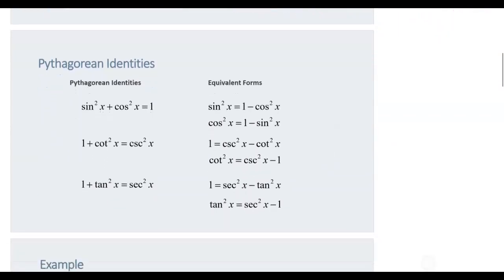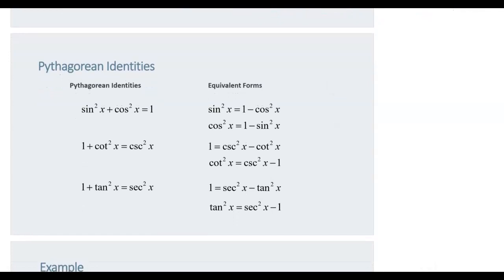There are different forms of the Pythagorean identity, and they come pretty easily from the first one. If we start with the original Pythagorean identity, and we divide every single term by sine squared, as long as you do the same thing to both sides of an equation, you're still keeping everything balanced.